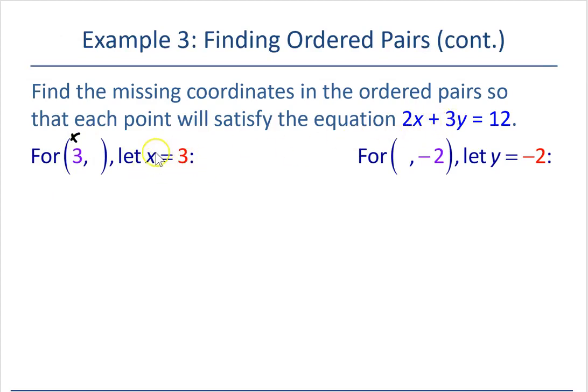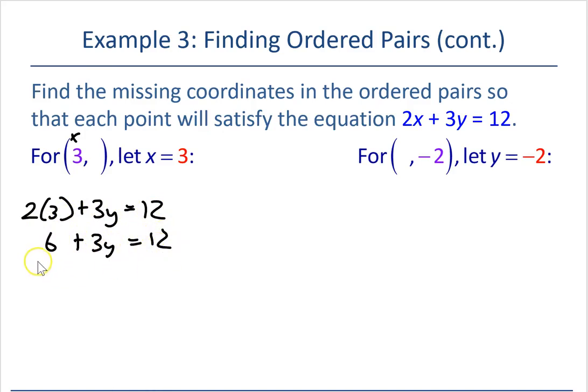Well, let me take this, and remember, we can replace this x with 3 and rewrite this as 2 times 3 plus 3y equals 12. Well, 2 times 3 is 6 plus 3y equals 12. That's a positive 6, so how about we subtract 6 off both sides? That gives us 3y equals 6, divide by 3, and we get y equals 2.